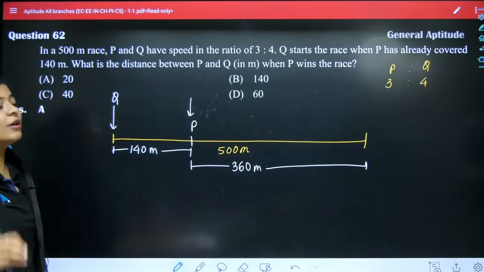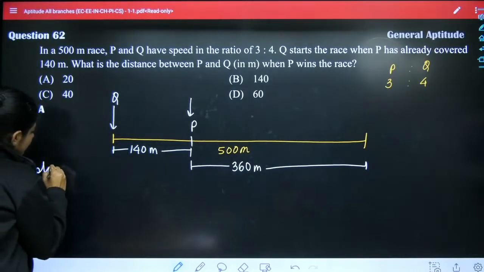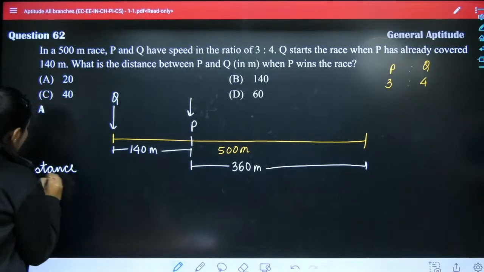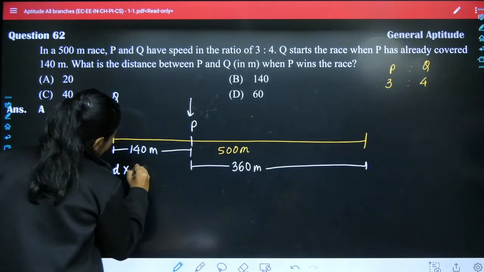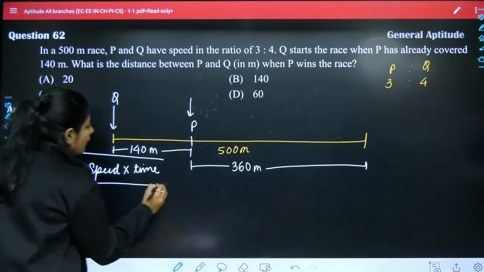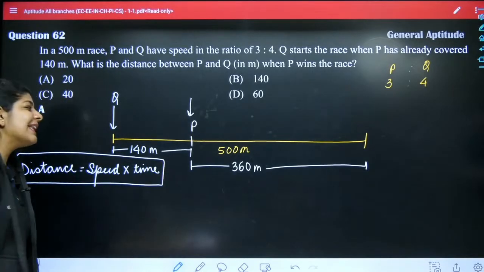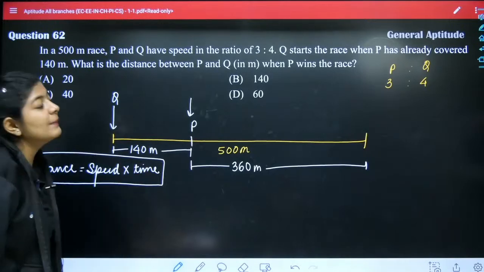So we need to use the formula: distance equals speed into time. With the help of this formula we can easily calculate the difference between P and Q at the time when P wins the race.